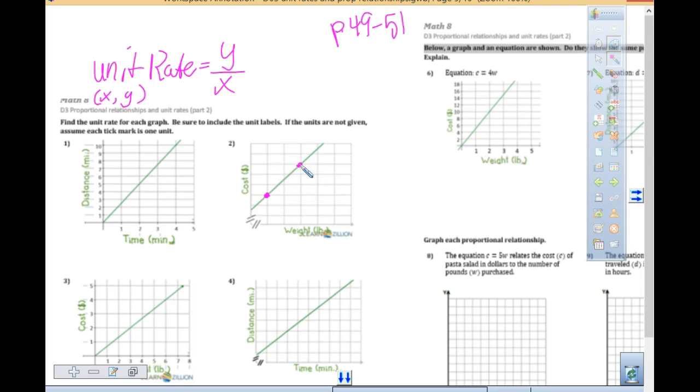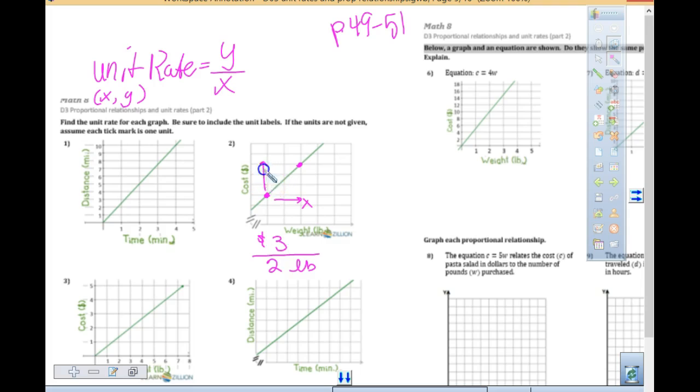So, yesterday we said for unit rate, this is my change in my x, right? That's my x. So when I go to find this unit rate, how far did I go over? 2 pounds. That's always on the bottom. How far did you go up? How much did our costs go up? 3. Someone said, how do you know $3?